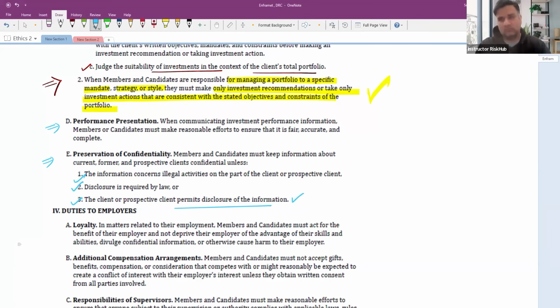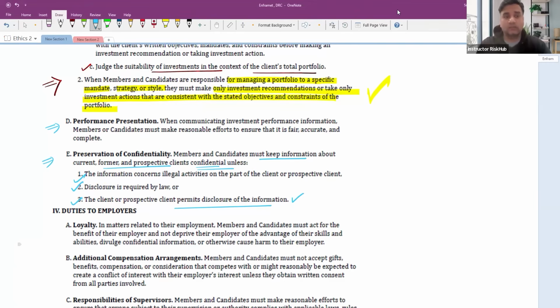You have to do due diligence here, right? You must keep information about current, former, and prospective clients confidential. You should keep everything confidential unless the information concerns illegal activities, or disclosure is mandatory by law, or the client is permitting it, right? So keep that in mind.